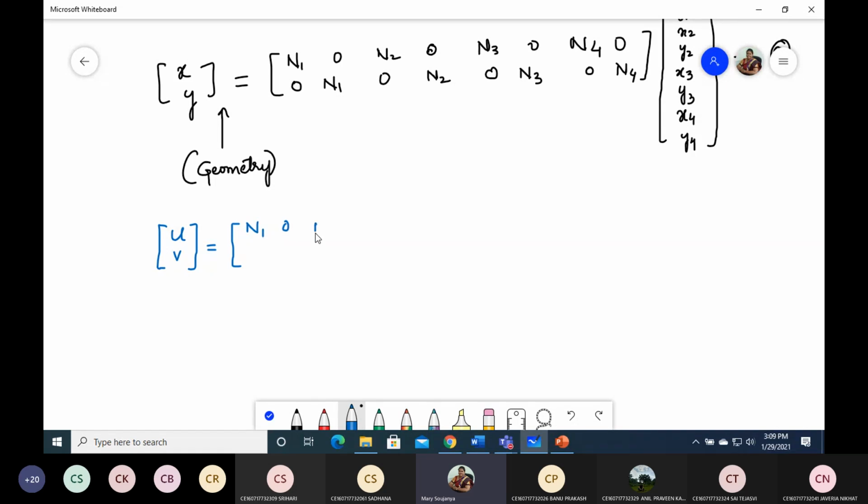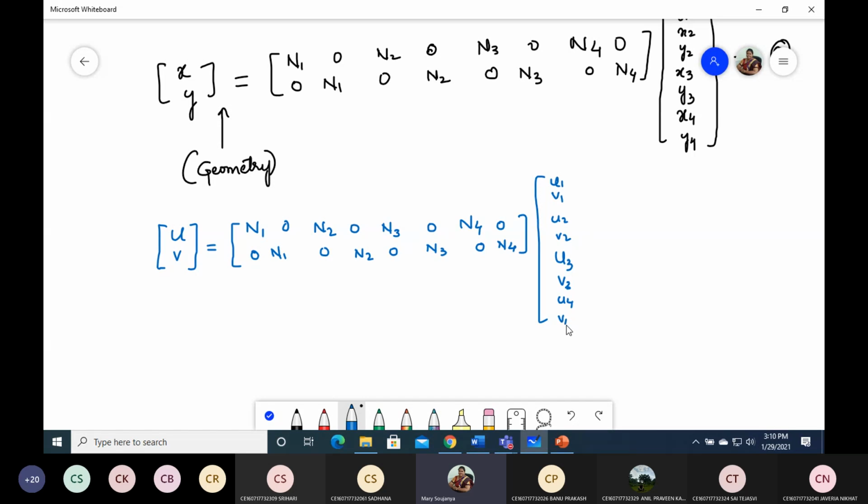N1 0, N2 0, N3 0, N4 0, and 0 N1, 0 N2, 0 N3, 0 N4, with the nodal displacements u1 v1, u2 v2, u3 v3, u4 v4.